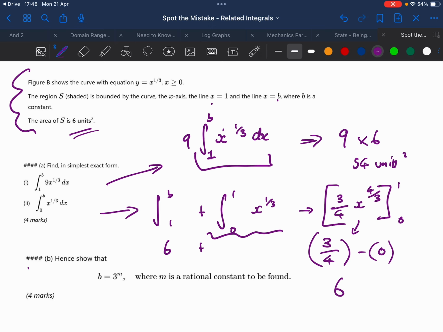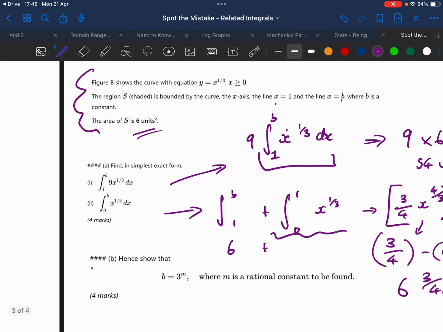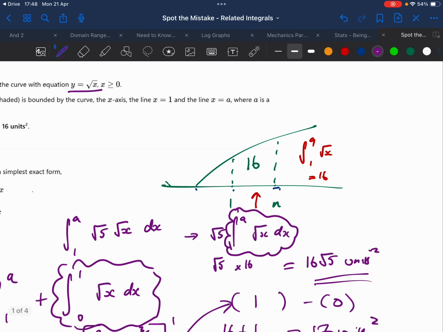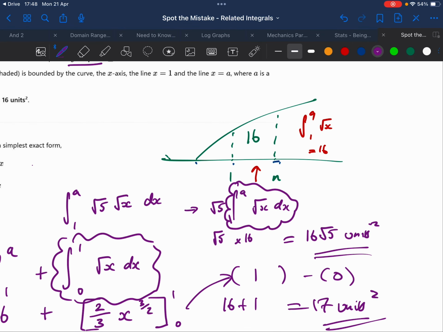So it's going to be 6 and 3/4, for example, for the final answer. Let's just check, did we make any mistakes with that when we did this one here? Yes, we did actually, didn't we? So that was going to be a 2/3 as well. So 16 and 2/3 because of that 2/3 there at the start.